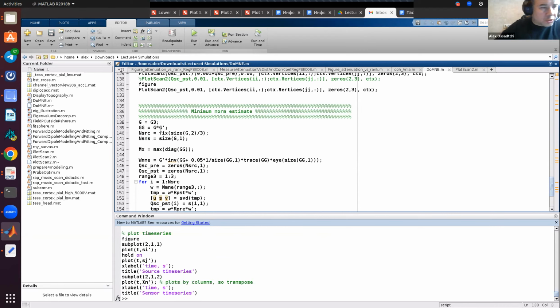In the expression you saw G transpose, G transpose. Here I'm using a slightly different formulation. There are two formulations of the minimum norm estimate, and they're exactly the same. You arrive at one the way I explained to you and at the other if you consider a dual optimization problem, which is significantly more complicated.